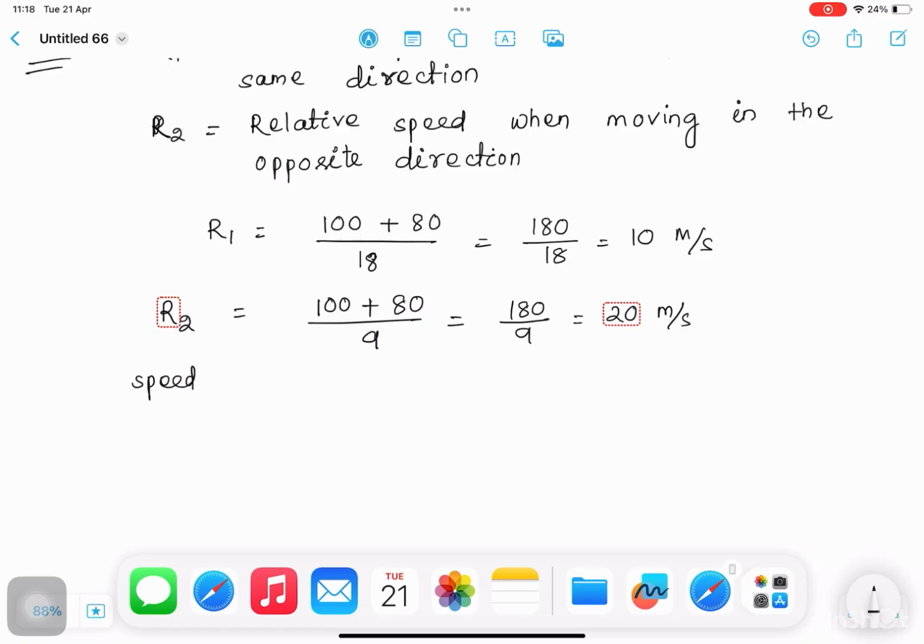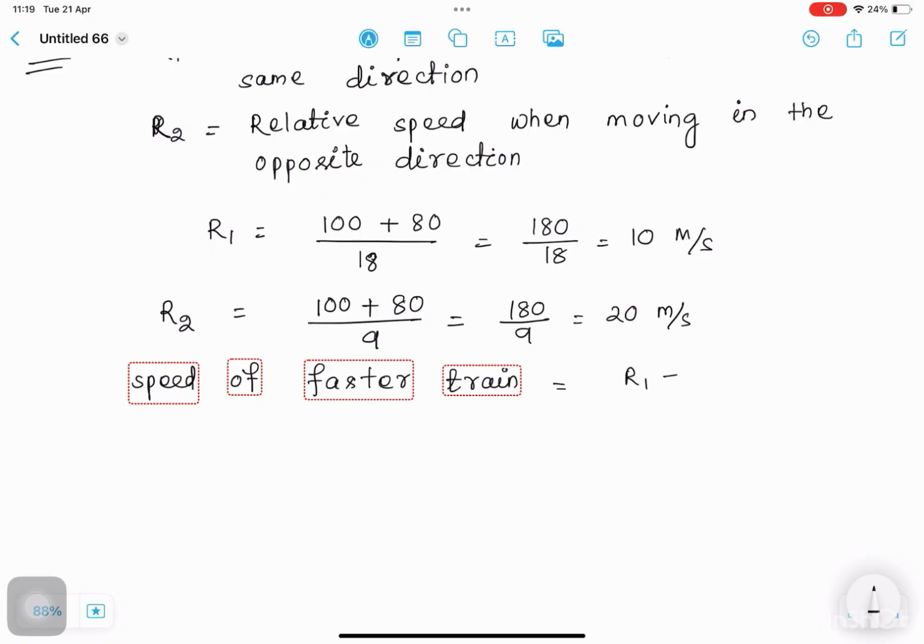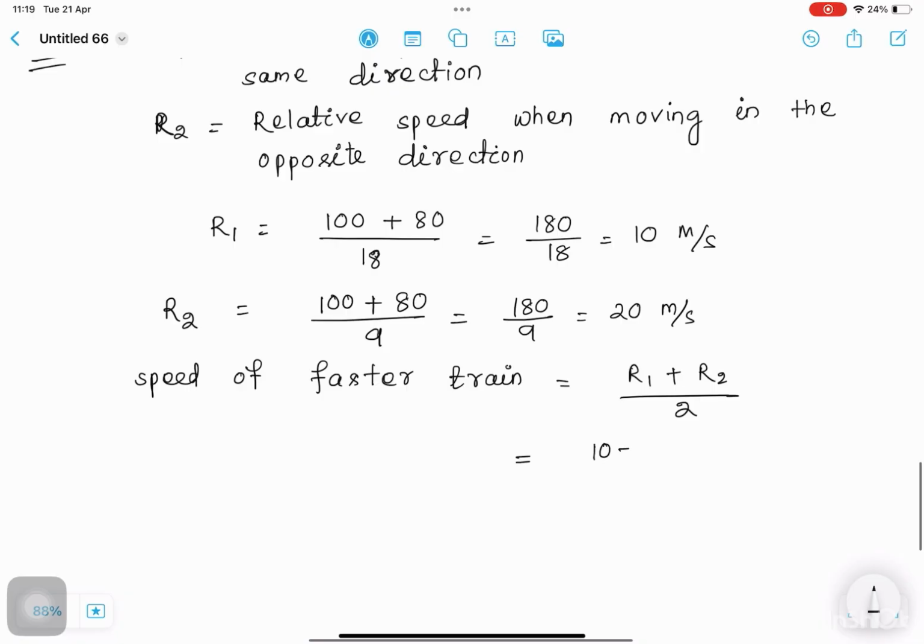Now we have to calculate the speed of the faster train and the speed of the slower train. So the speed of the faster train, what is the formula? It is R1 plus R2 by 2, that is 10 plus 20 by 2, that is 30 by 2, that is 15 meters per second.